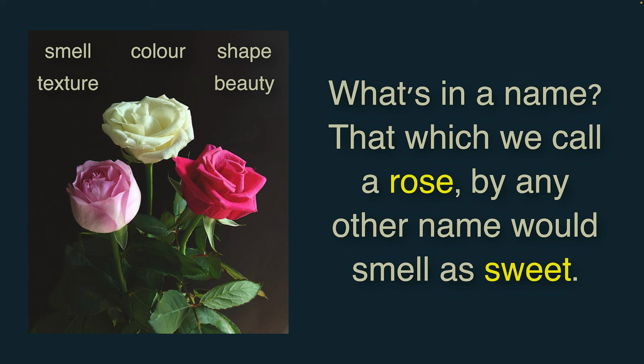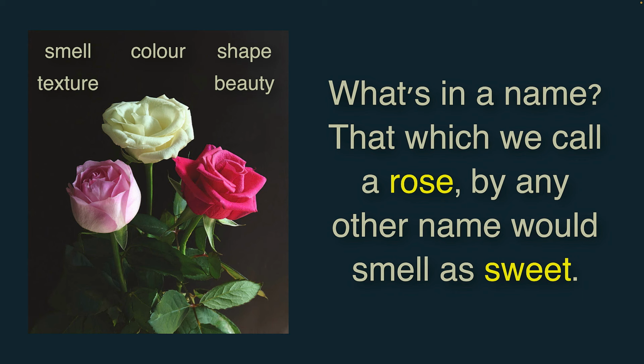Now, roses obviously have smell, color, shape, texture, and beauty, and you can have multiple different colors of roses. And so really, the name rose is not distinguishing between the colors. She thinks that it signifies the smell, but perhaps there is a difference in smell too between the roses.